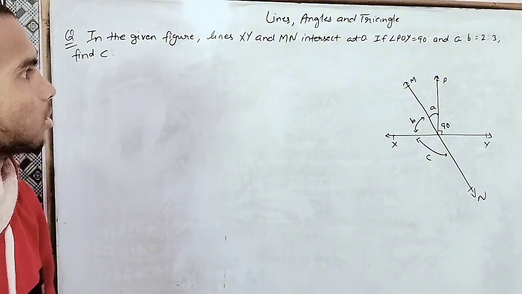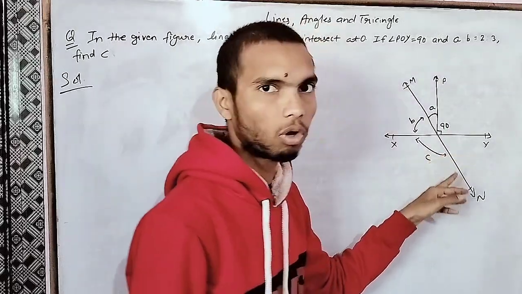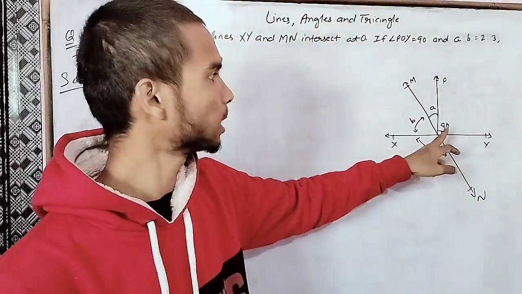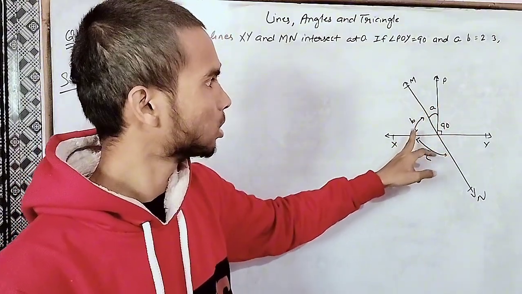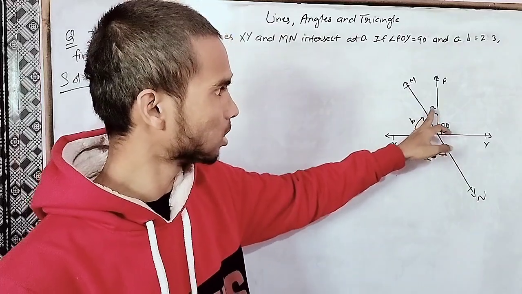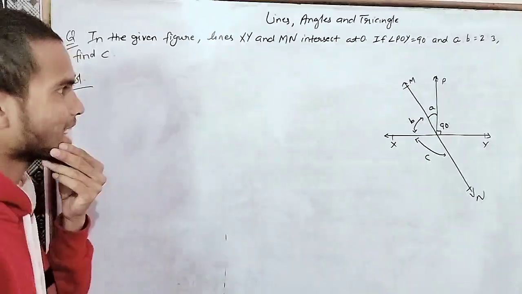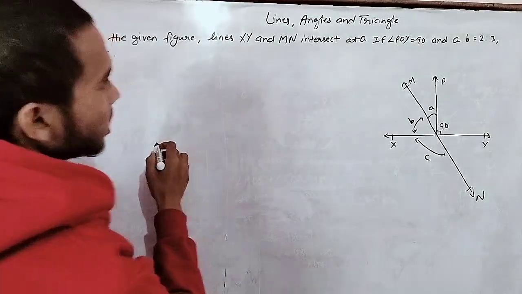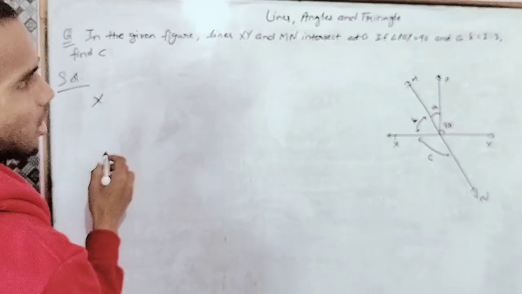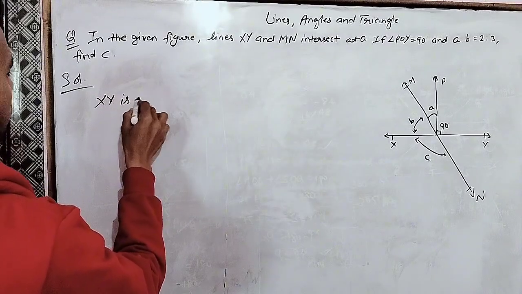Now here we have a line XY. So here we are already given 90 degrees. So the angle of this and the angle of this total to what? XY is a line.